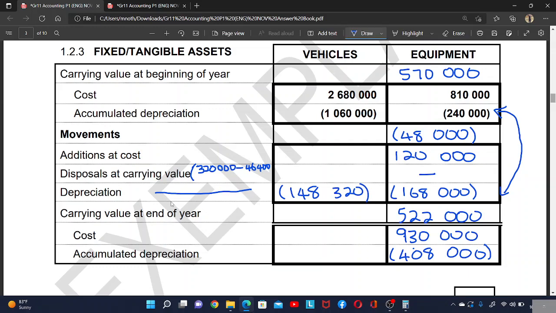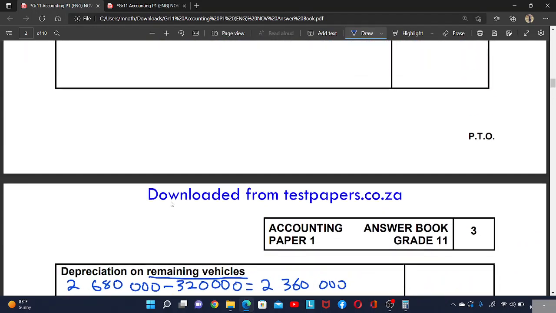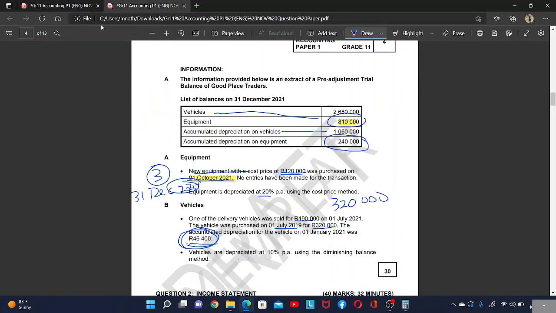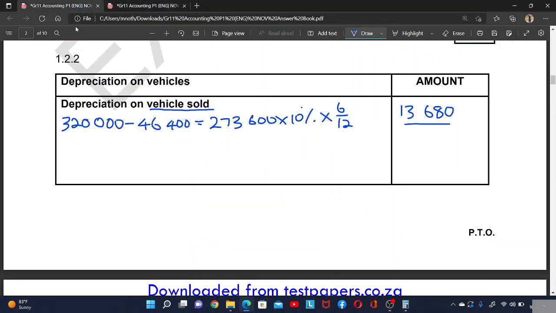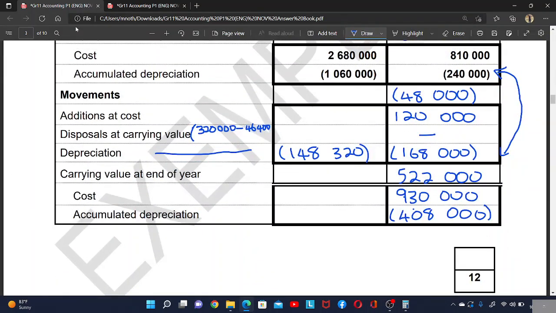The depreciation of the vehicle sold is 13,680. So minus 13,680.